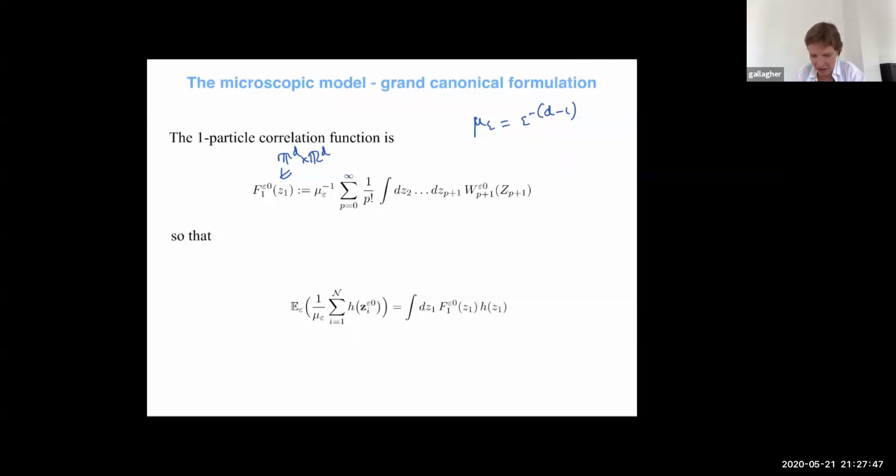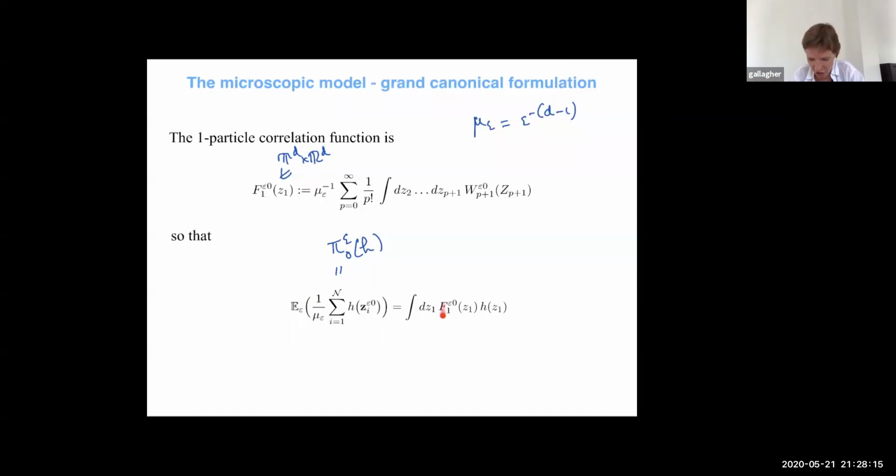And this is exactly the integral of f epsilon 0,1 times h. In other words, if you look at the empirical distribution, this by definition is pi epsilon of h at time 0. Then just compute with this definition of the one particle correlation function. This is reasonable. This empirical distribution is telling you roughly what the average density of my particles is.